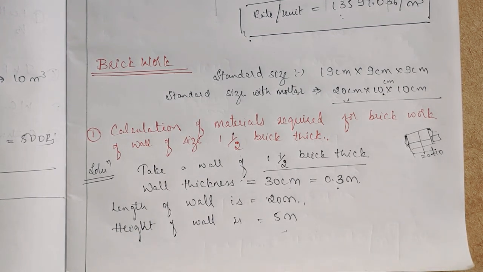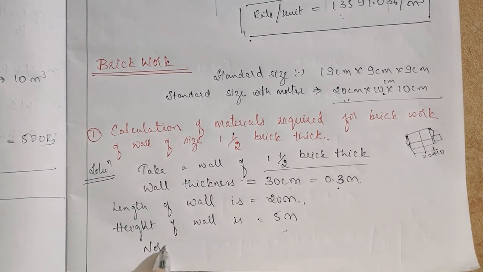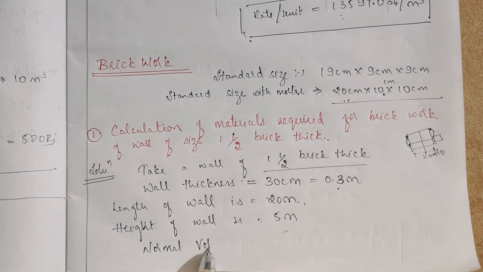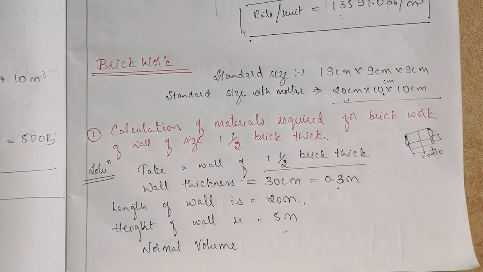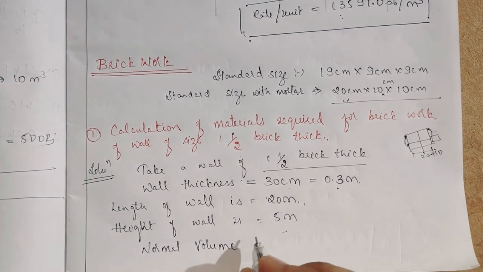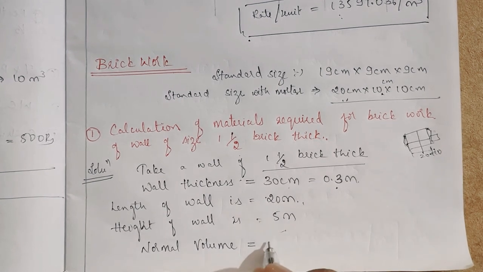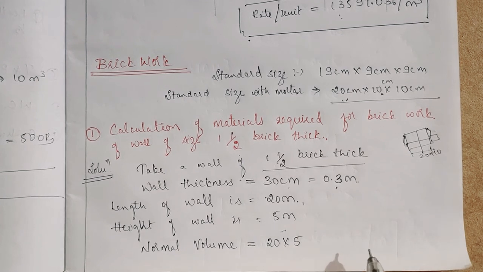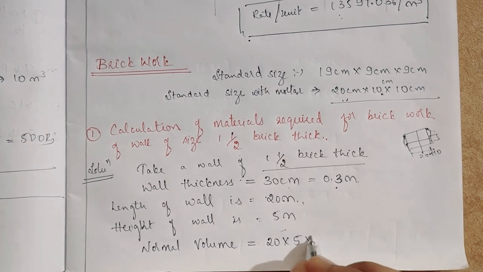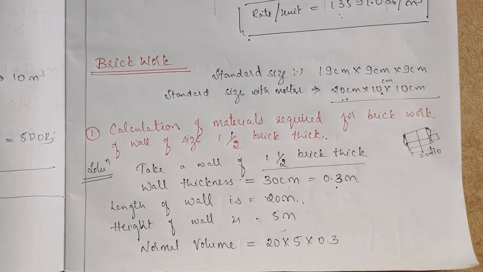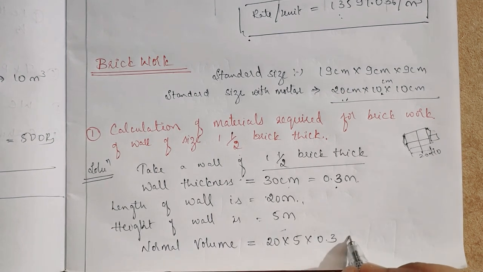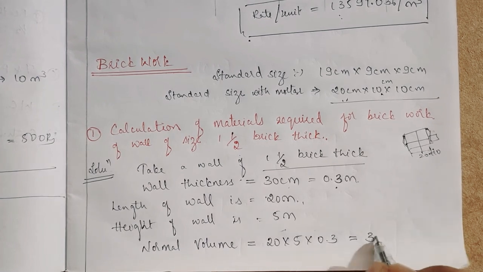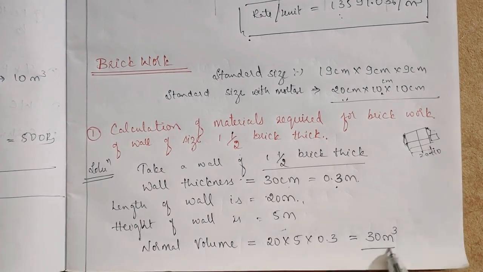Then how can we find the normal volume? This is the procedure to calculate the brickwork material. Length is 20 meter, height is 5 meter, then thickness is 0.3. So we are trying to calculate the volume, that is 30 meter cube.